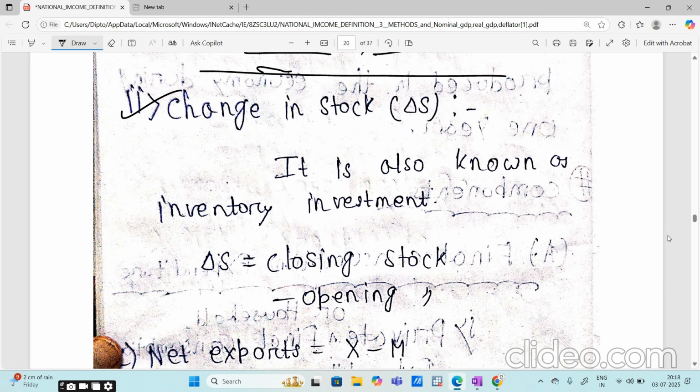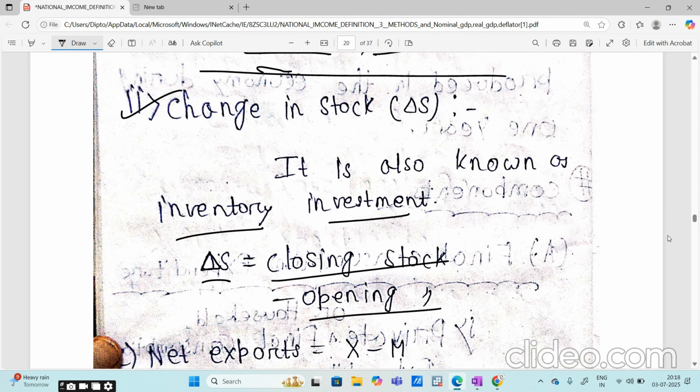I have to add this change in stock along with part 1 to get the entire gross capital formation. Change in stock is basically known as inventory investment, whatever investment that is done on the inventories. So basically delta S means change in stock, delta denotes change. Closing stock minus opening stock.